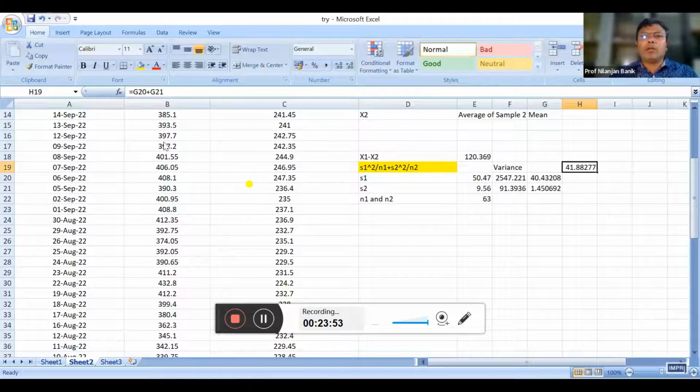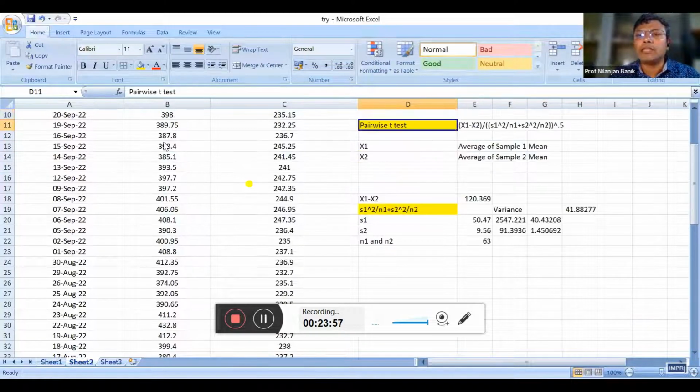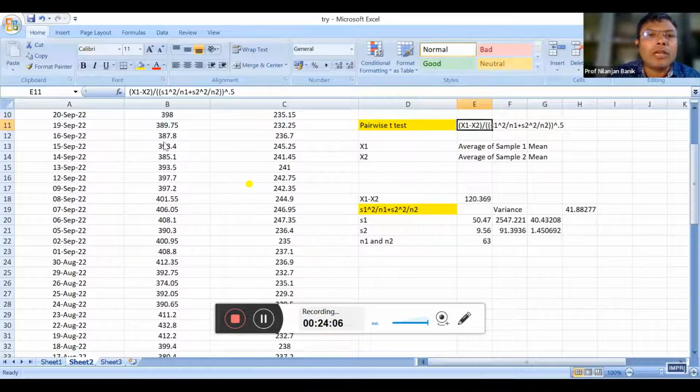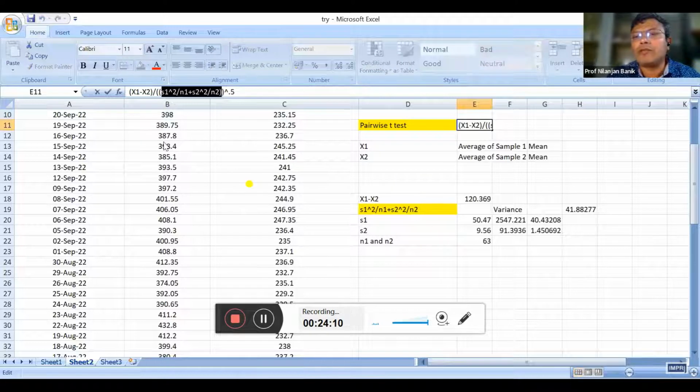So this is the number. Now I have to take the square root of this number.